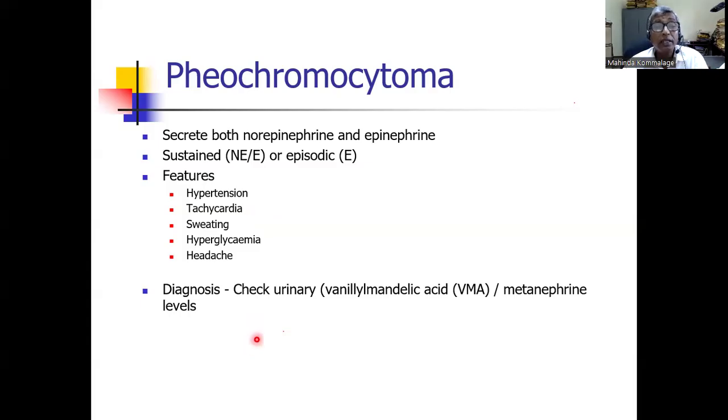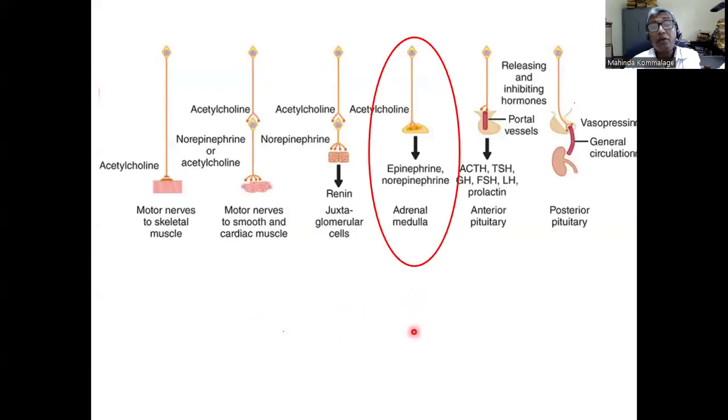So to diagnose, as I mentioned earlier, we check the urinary level of these metabolites of adrenaline, right? And you can read that we collect a 24-hour urine sample and measure the total amount excreted within a 24-hour period.